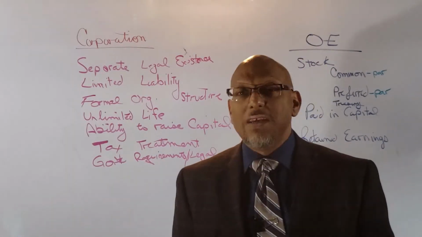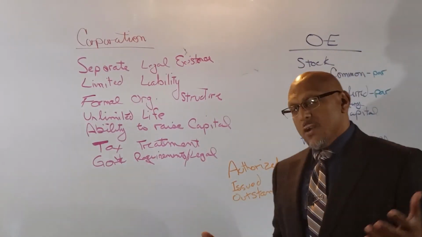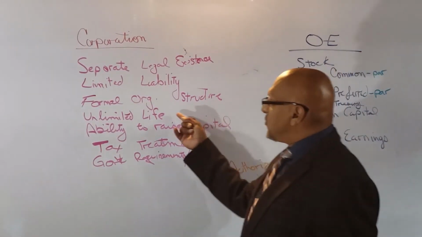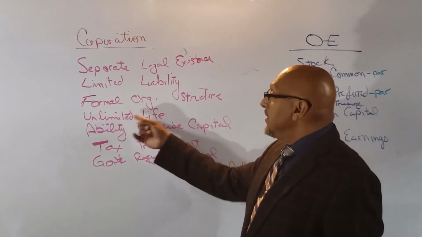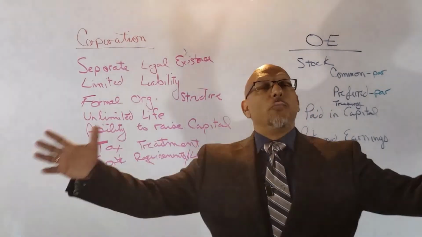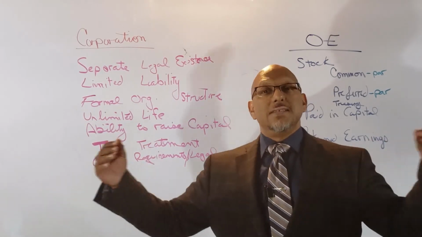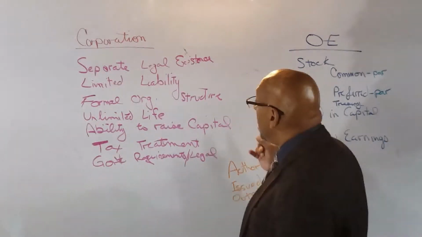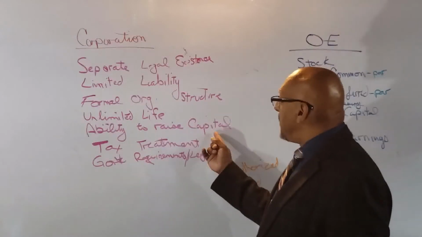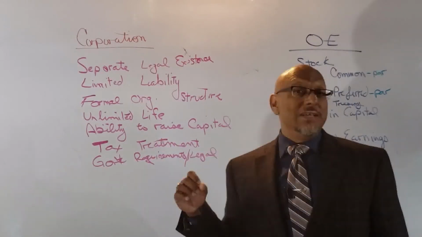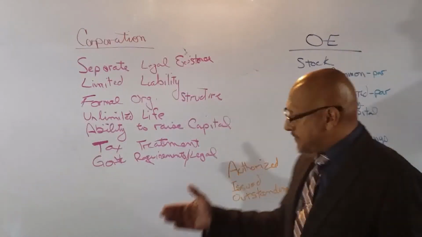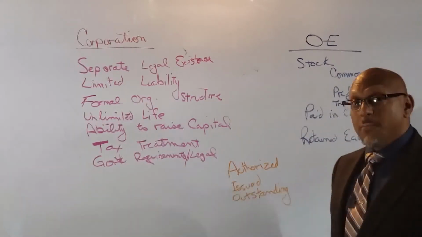There are many other reasons why a corporation would go out of business, but intrinsically, if the corporation is able to sustain itself, there is no limit to that sustainability. It has an ability to raise its own capital, and that means it can sell stock. And that's what we're going to talk about a little bit.